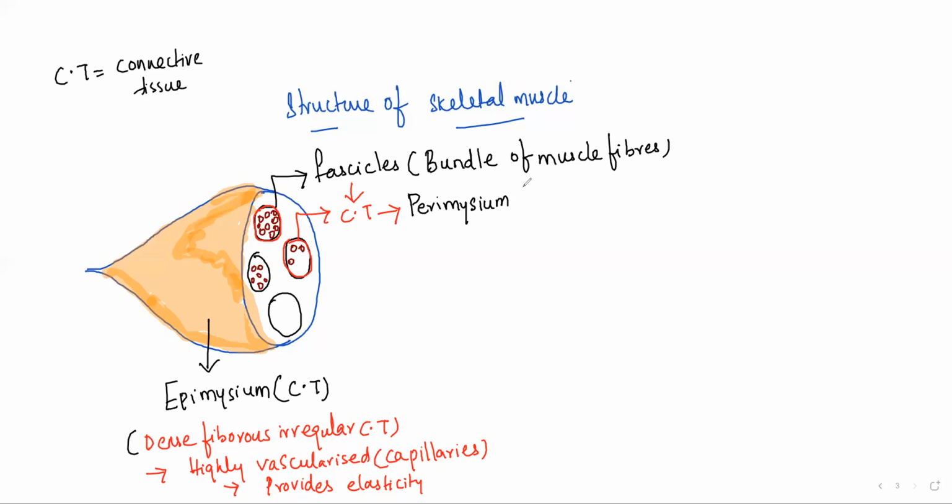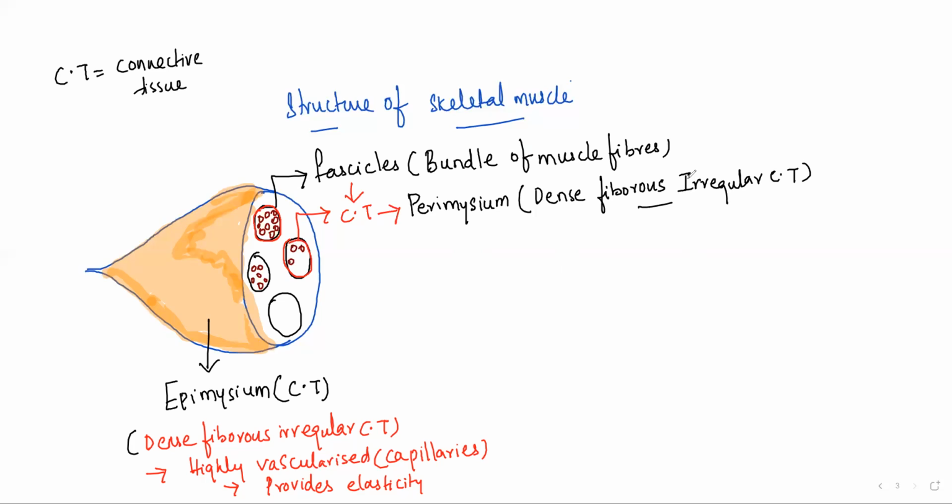Children, this is also a dense, fibrous, irregular connective tissue. This is also providing elasticity, and this is also highly vascularized.